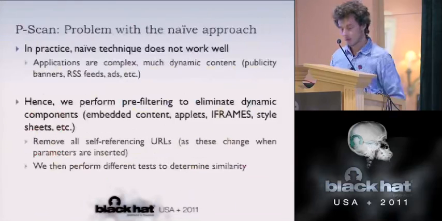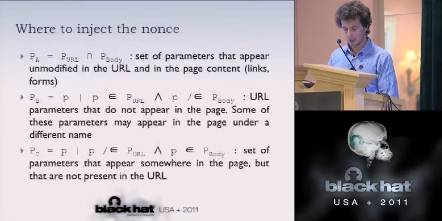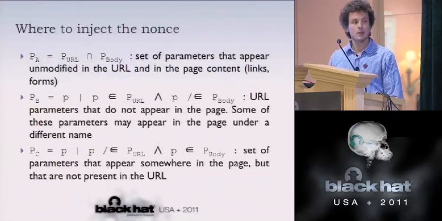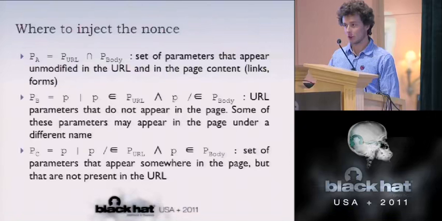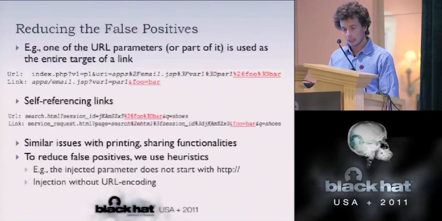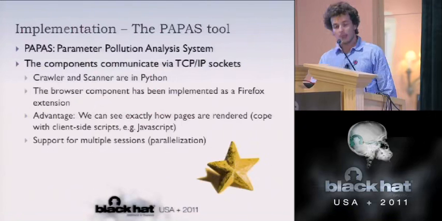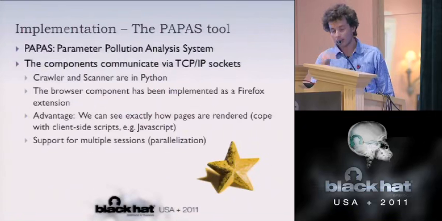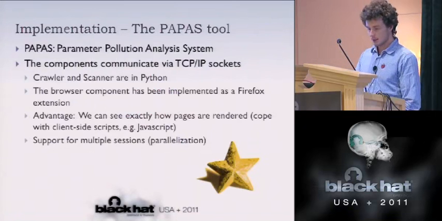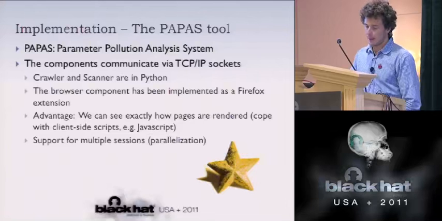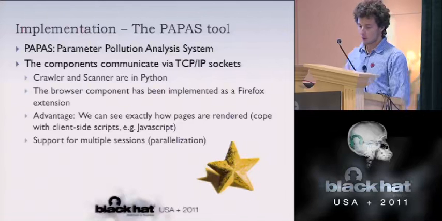Here again, I will skip the detail for this, otherwise it's getting a bit complex. But the idea is basically to inject these nonces in the parameters accepted by the web application and check whether you have it in the answer. So we implemented a tool that we call PAPAS, an acronym for Parameter Pollution Analysis System.